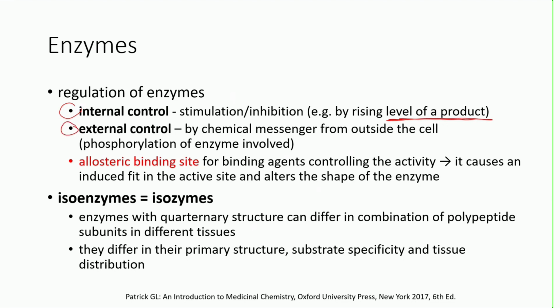It can be regulated by some chemical messengers that enter the cell, and it can be regulated also by some other molecules that are not able to bind in the active site, but they differ in structure, and they bind to the allosteric binding site, and they cause a change in the conformation of the binding site, which can then disable the function of the enzyme.